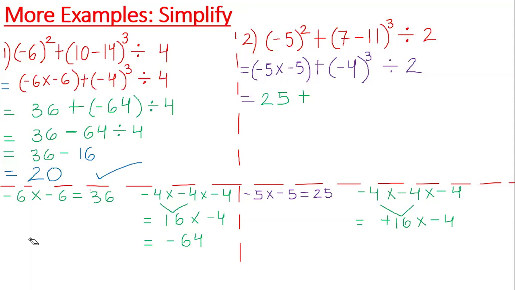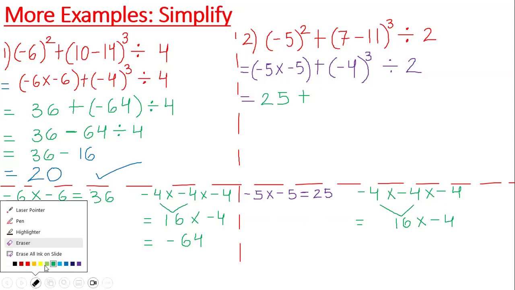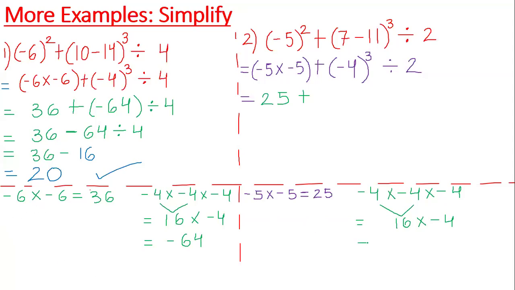I just realized that's what you did wrong. Yeah. Positive 16. And then 16 times negative 4 is what? Negative 64. Okay, so it's going to be open bracket, negative 64 divided by 2.